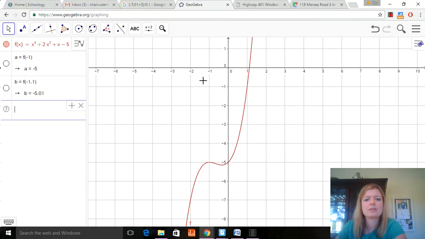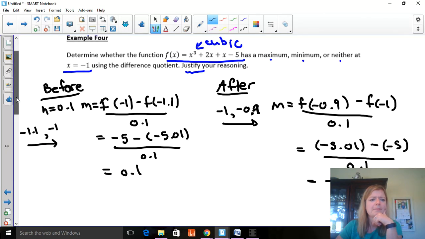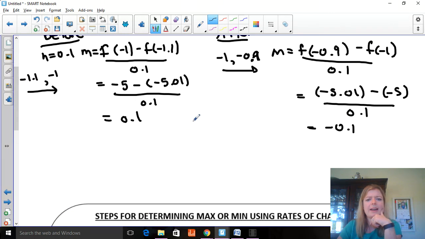Again, that matches our graph. Just after this, it's a slightly sloping down tangent, so that makes sense. Notice they average to 0. This is positive, so it's sloping up. This is negative, so it's sloping down, so it makes sense that it would be a maximum.